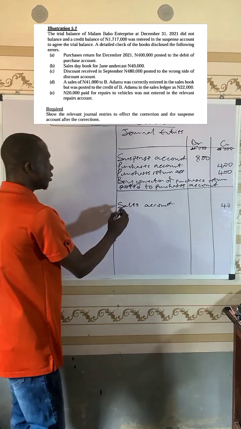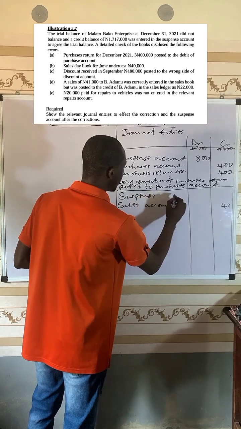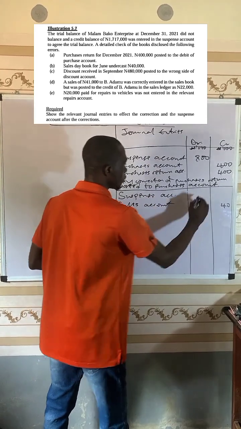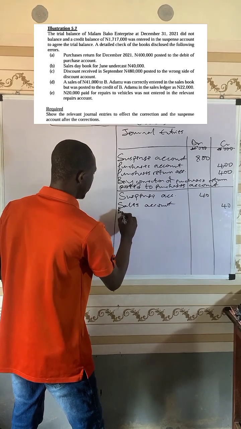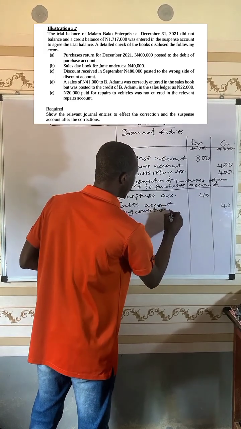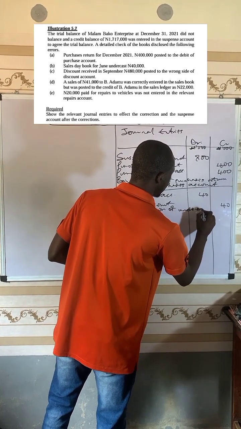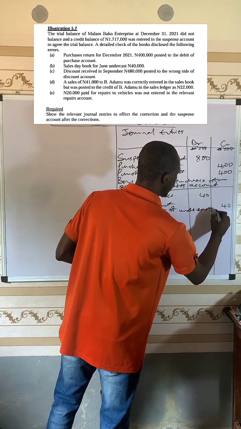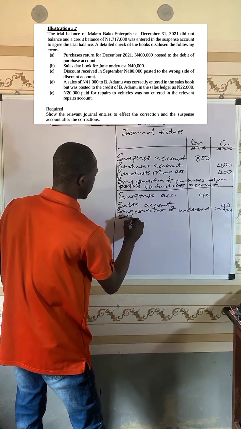Then our suspense account will now be debited 40,000. Then being correction of undercast in the sales day book.